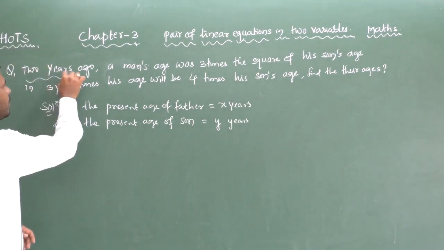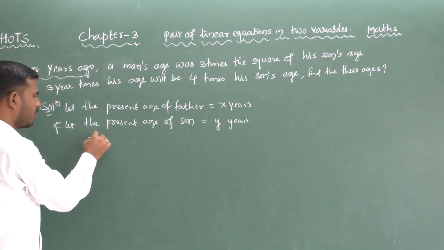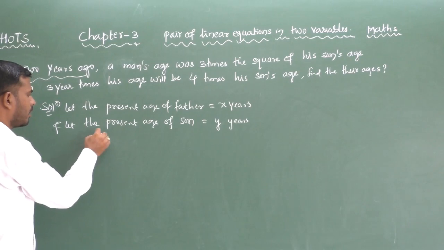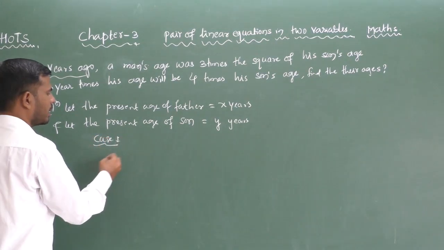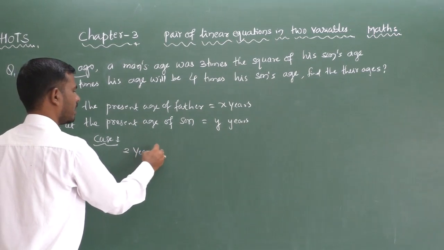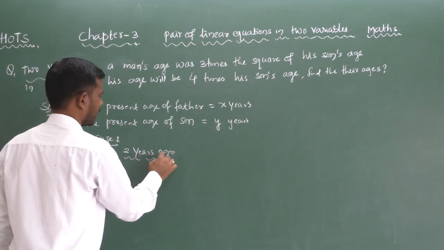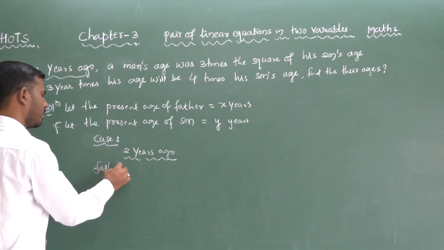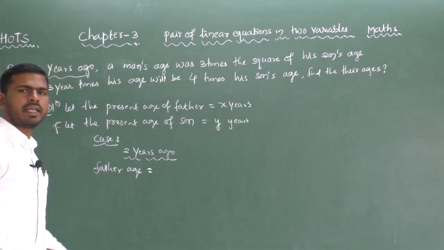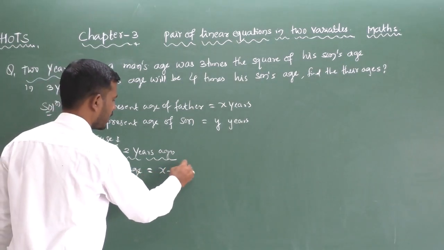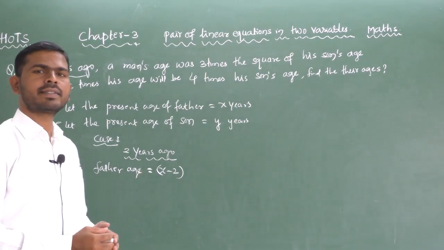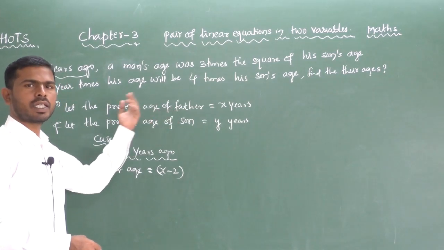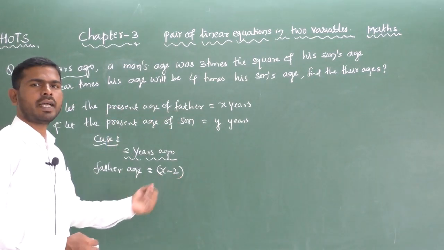Now 2 years ago is given. Case 1, 2 years ago. 2 years ago, father's age equals x minus 2. 2 years ago means you have to subtract 2 from the present age. Present age of father is x, so 2 years ago means subtract 2 from x.